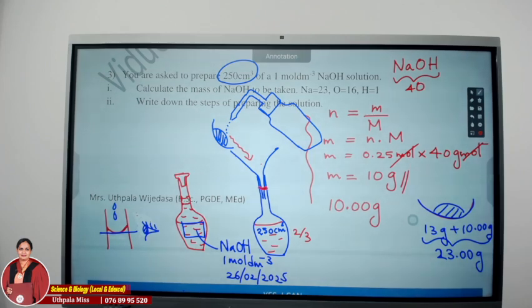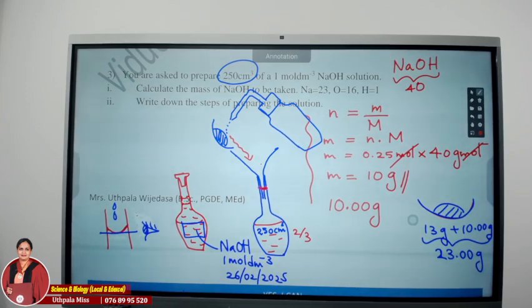Don't stop there, because if you are asked to write in 3 steps, you will have to add more to it. Take a 250 cubic centimeter volumetric flask and transfer the weighed sodium hydroxide completely through a funnel.